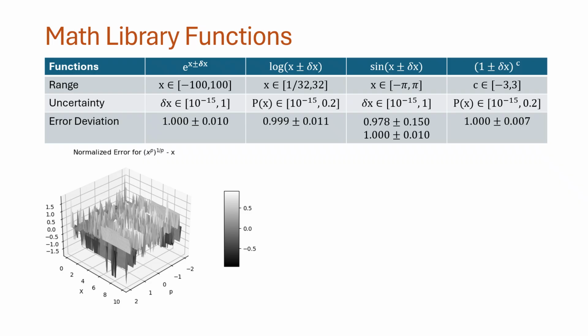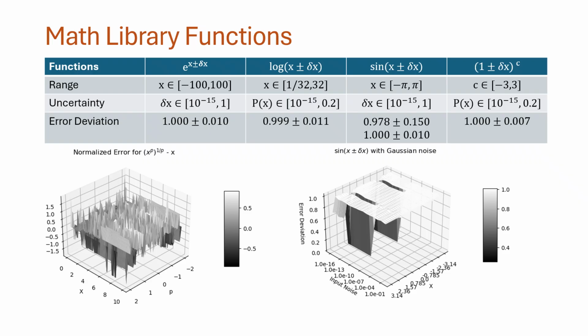This is without added noise. The second one is, let me show you what happened to sin x, why there are 2 numbers. You can see this is the error deviation for different inputs and different x. We know for sin x, its second derivative is 0 when x equals plus and minus pi over 2, as we see here, right?